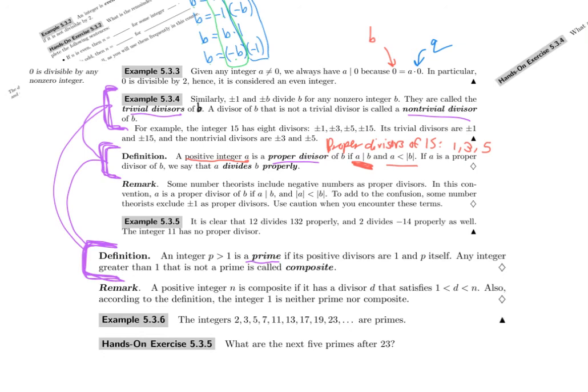Using this definition, because we've excluded 1 in both definitions, we say that 1 is neither prime nor composite. That's one of those things that mathematicians debate with each other, and we're just going to follow the convention in this book that 1 is neither prime nor composite.